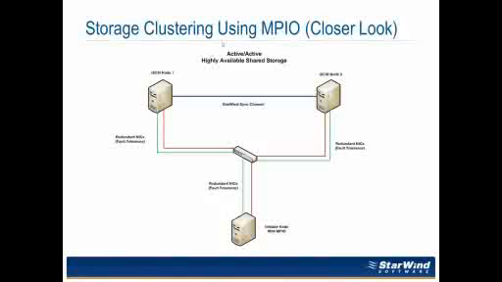And if you added a second switch in here, because this is the glaring single point of failure, you could simply run paths to that storage through a second switch as well. So again, you're creating that level of fault tolerance that you get with Microsoft clustering for your Hyper-V virtual machines. We're now extending that over to the storage aspect.